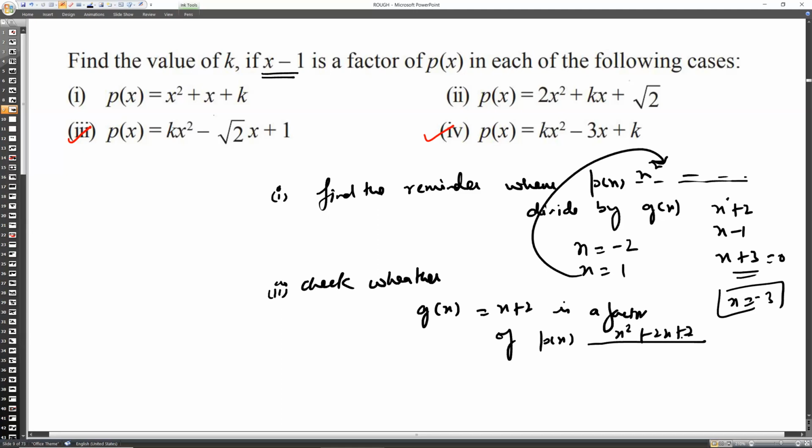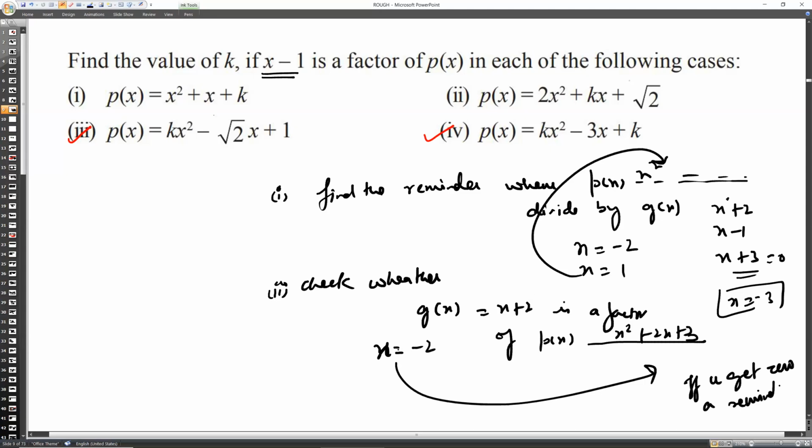In this type of question, if it is said that x plus 2 is a factor, then x will be equal to minus 2, and you have to put that value in the equation. If you get 0 as remainder, then it is a factor. Otherwise, it is not a factor.